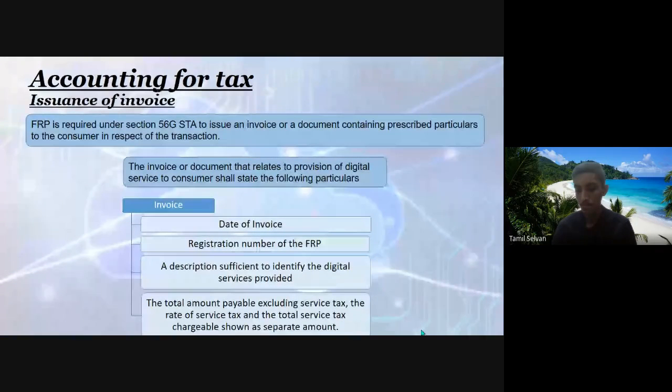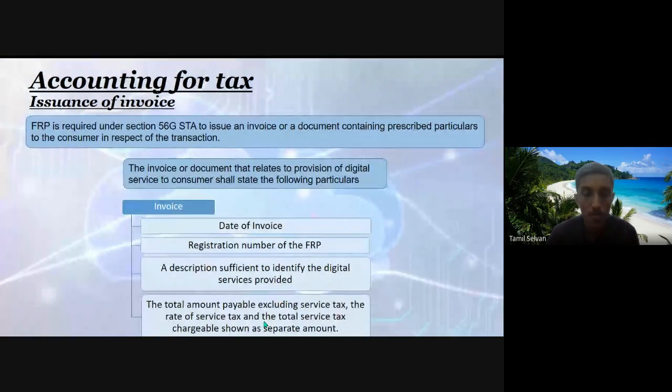Accounting for tax, issuance of invoice: the FRP is required under Section 56G STA to issue an invoice or document containing prescribed particulars to the consumer in respect of the transaction.